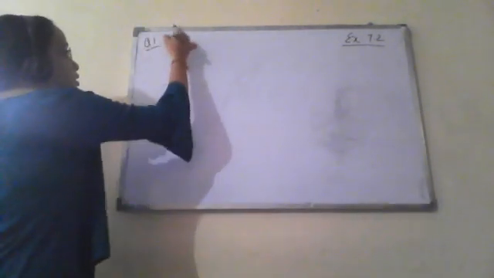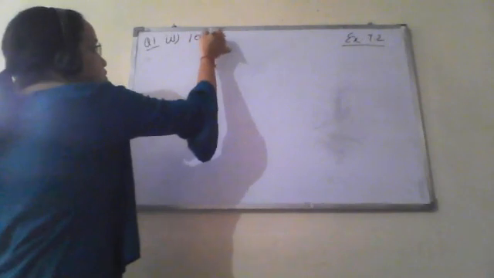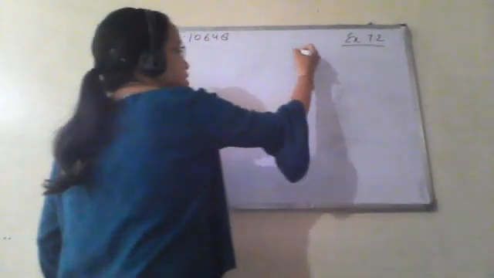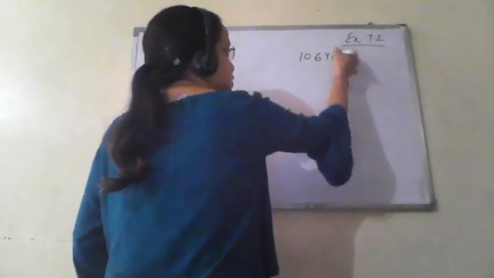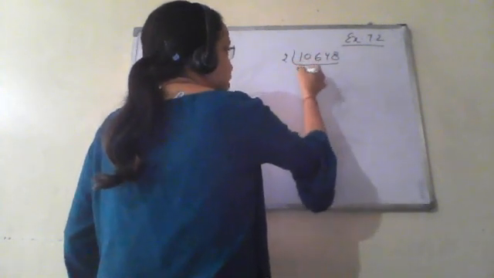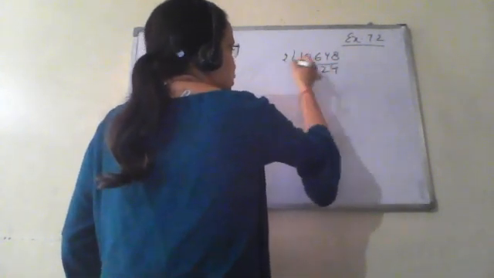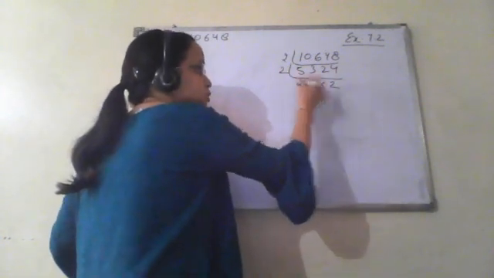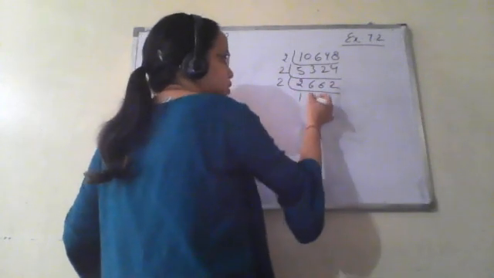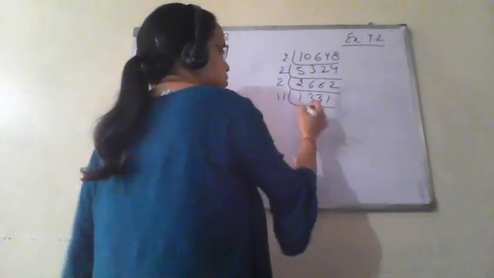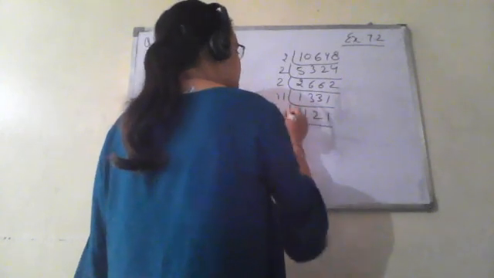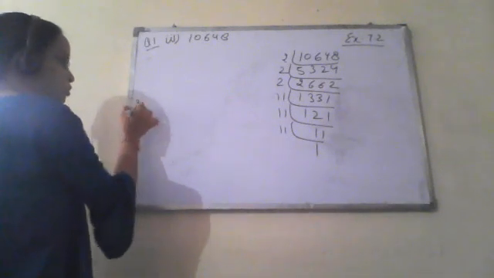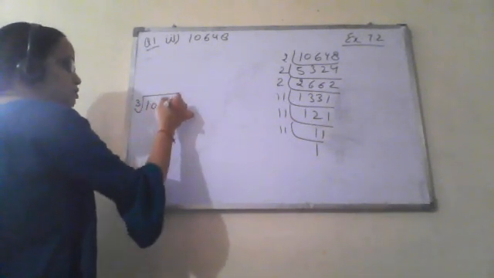Third part is 10648. So prime factorization for the same. This is 10648. We'll start with 2. This is 5324, this is 2662, this is 1331, this is 121. So the cube root of this we will write like cube root of 10648.